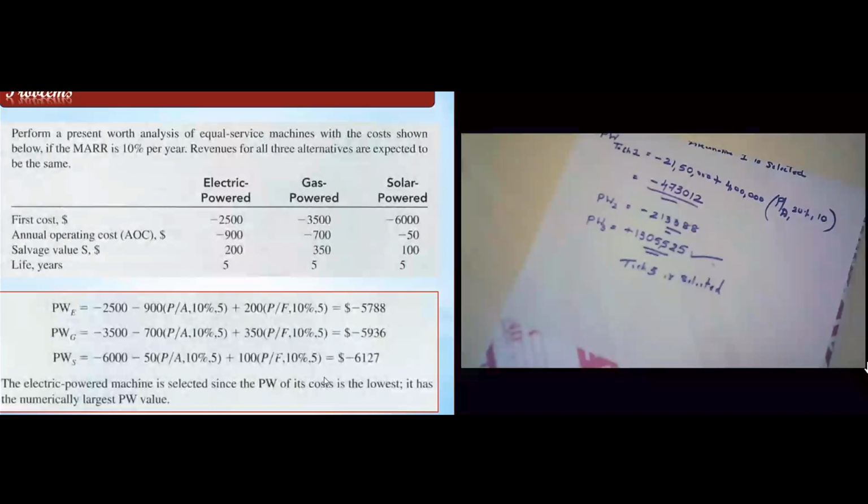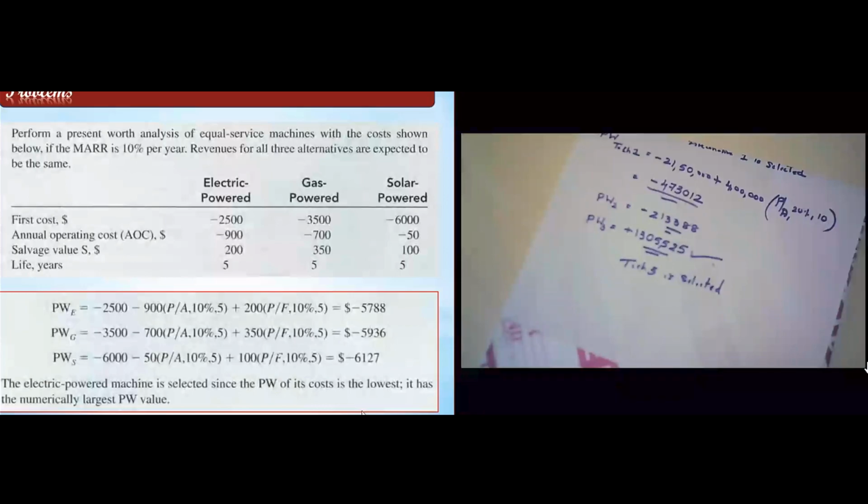But see that you will be writing the final inference depending upon these values. Usually students, in a hurry, will just write the final answer saying that the alternative one is selected, but they will not do the calculation.